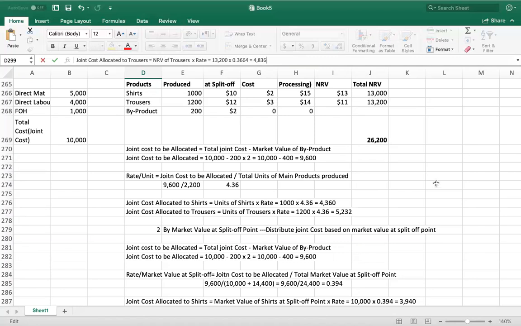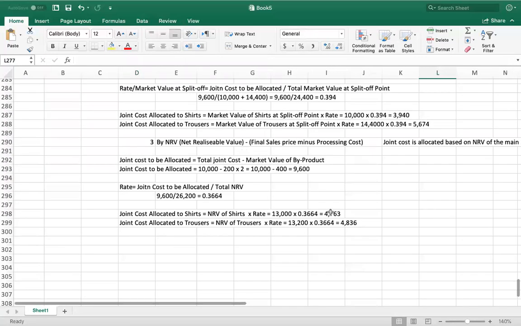Okay. If you add these two items, it will give you approximately 9,600. So 4,763 plus 4,836 is approximately 9,599. Only a difference of 1, so this is okay.